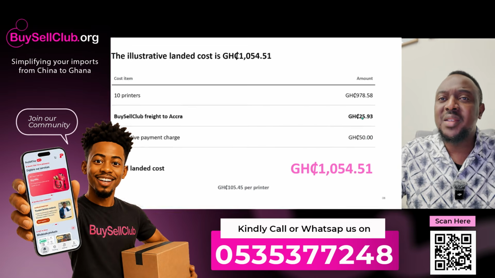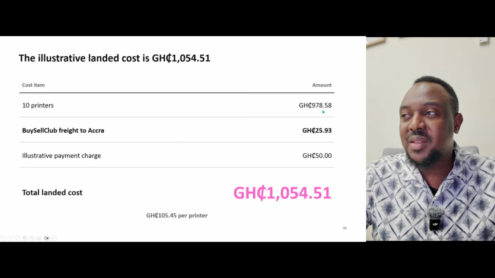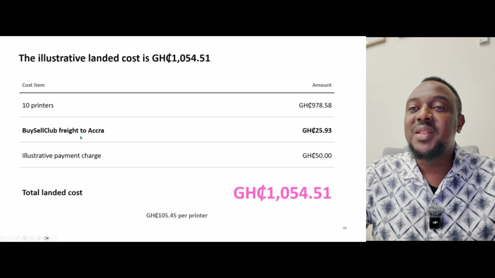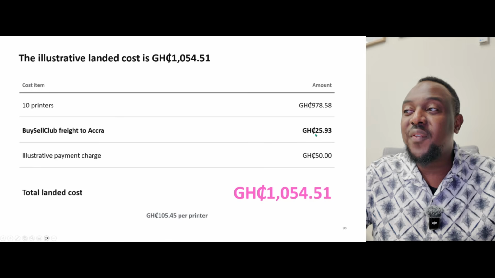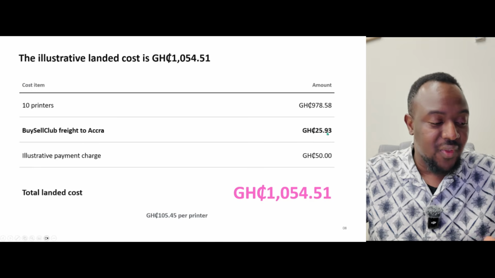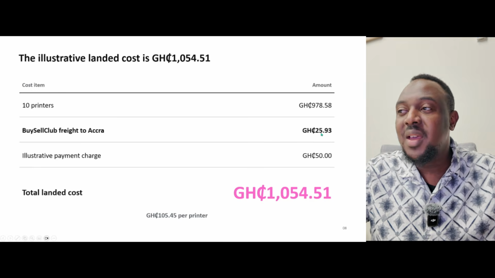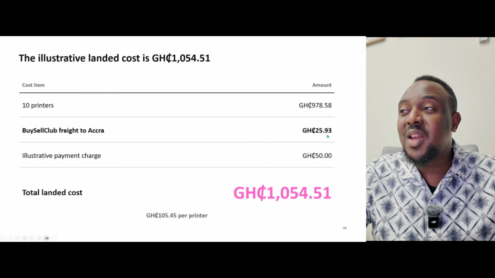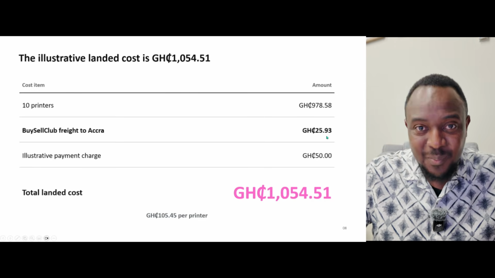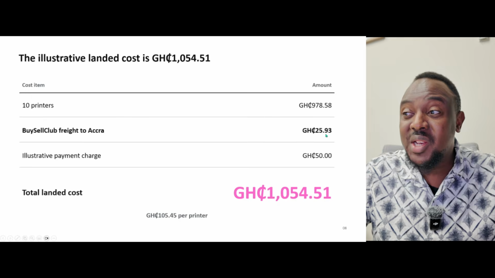And if we add the cost to buy 10 printers plus the shipping of the 25 Ghana cedis now, then we'll be looking at this freight, 25 Ghana cedis to ship 10 of the items, not just one. I made a mistake in the previous one. And so this is how much it's going to cost us to ship 10 items, which is really, really cheap.